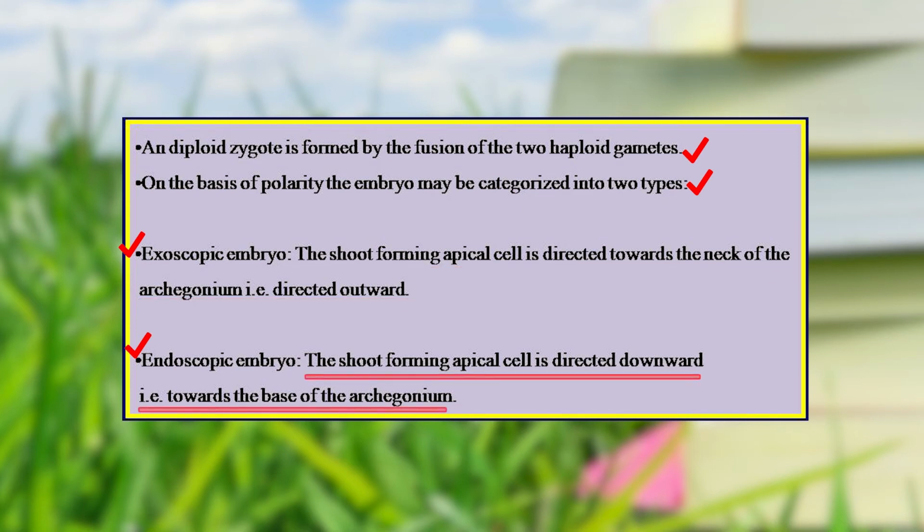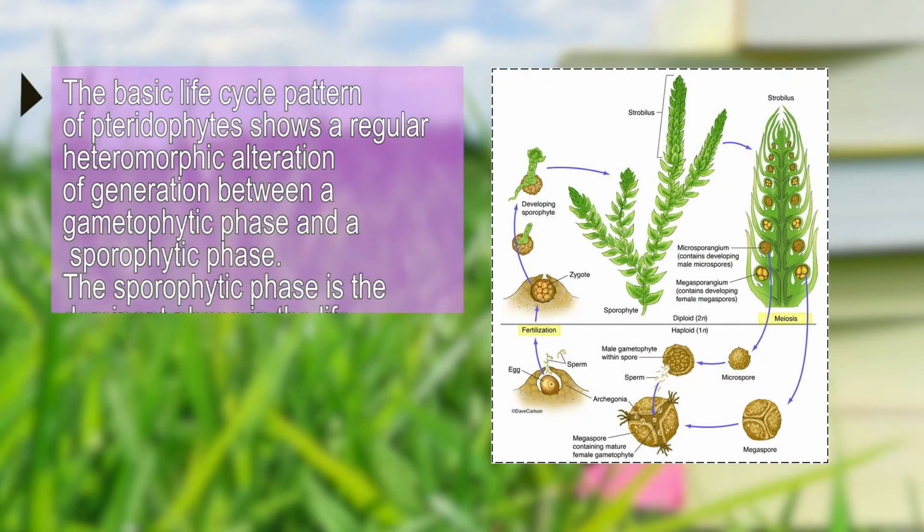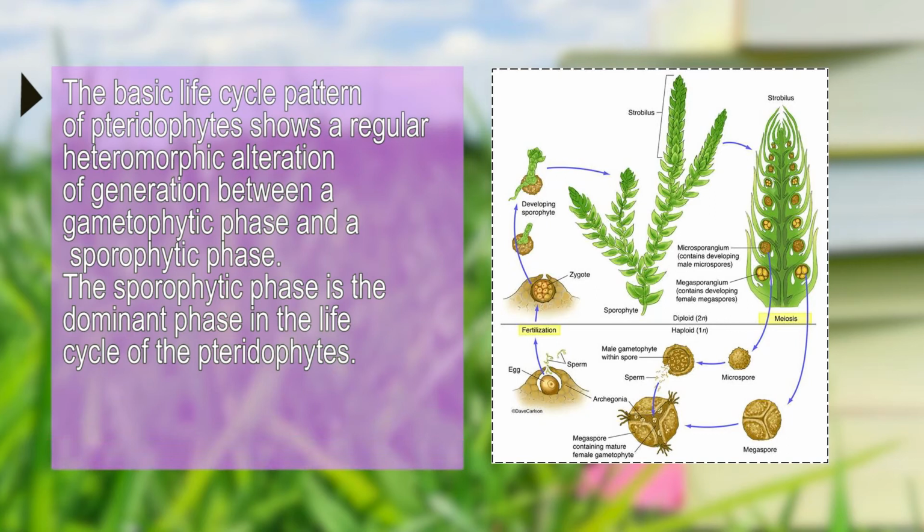In endoscopic embryo, the shoot-forming apical cell is directed downwards, that is, towards the base of the archegonium. Now the basic life cycle pattern of pteridophytes shows a regular heteromorphic alternation of generation between a gametophytic phase and a sporophytic phase. The sporophytic phase is the dominant phase in the life cycle of pteridophytes.